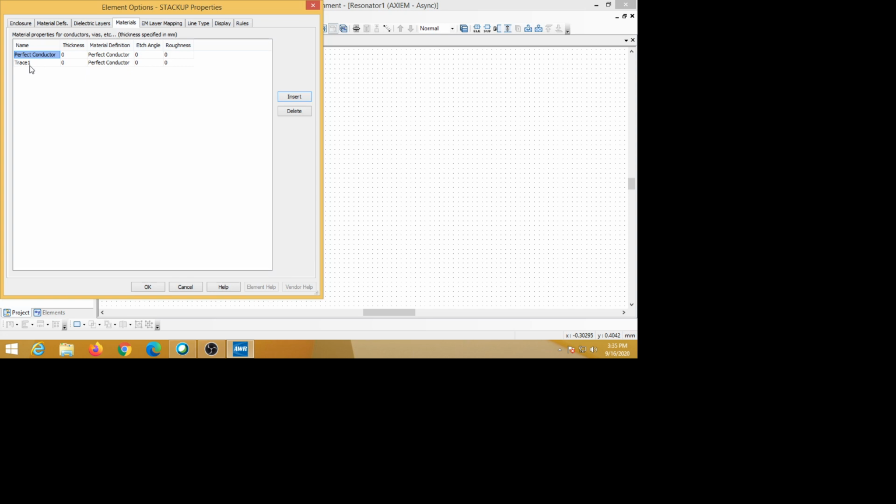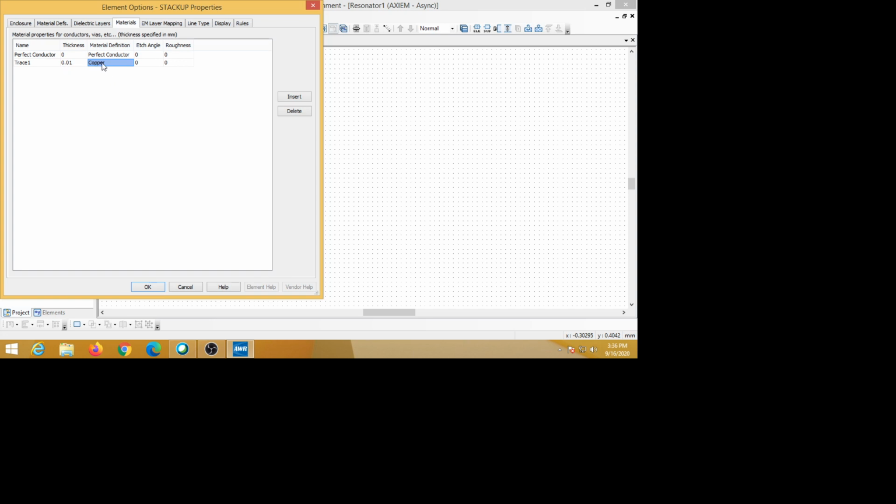Keep it as it is, name trace 1 only. The trace thickness we have to keep like this, 0.01. But it is copper here, we have to choose copper, with a thickness of 0.01.